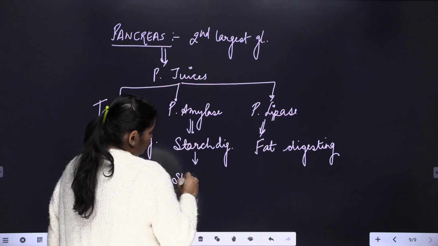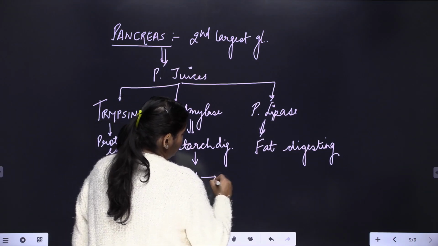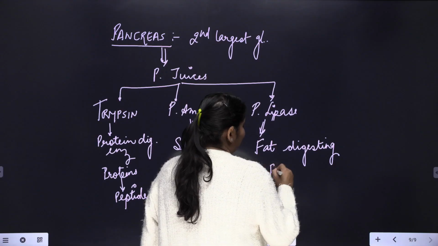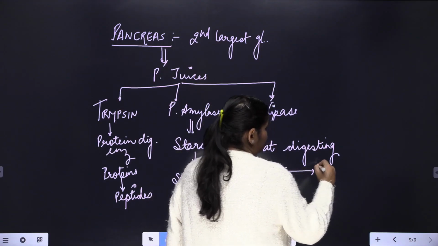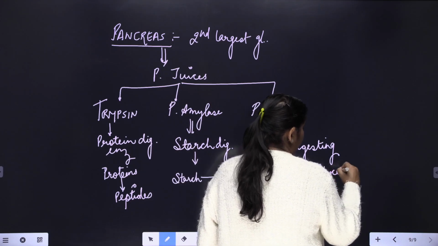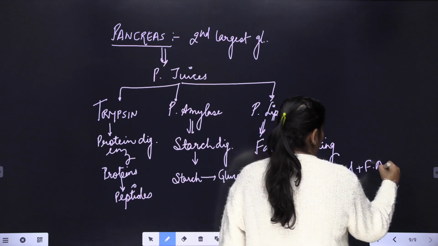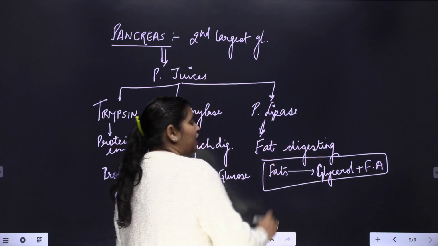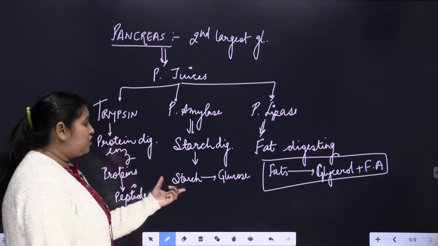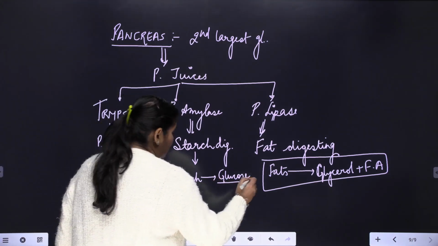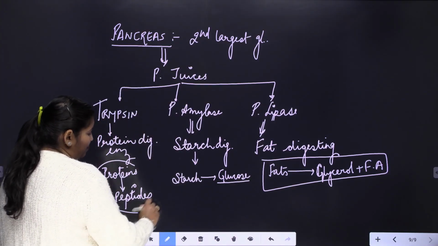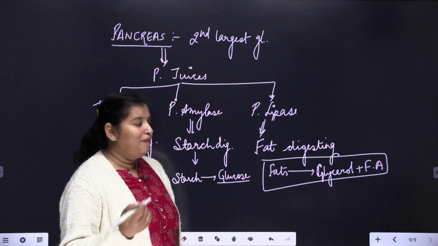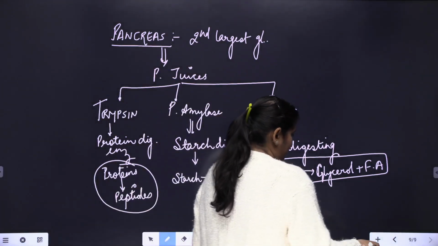The starch or the carbohydrate begins to form glucose, and the fats change into glycerol and fatty acid. For fats, glycerol and fatty acid is the last form, even in the small intestine we will see. But for starch, yes, starch will also convert to glucose. But for proteins, it is not peptides. For proteins, the simplest form is amino acid, which will take place in your small intestine. All right.